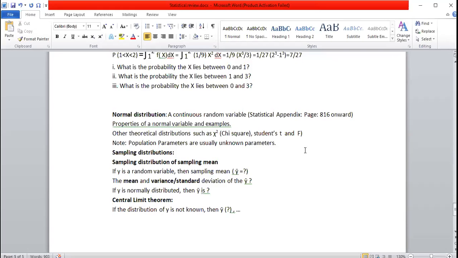So once again, from the population mean mu and variance sigma square, is that possible? No. Let's say it's a normal distribution, a continuous normal random variable. The population mean is not possible to find. But what do you do then?